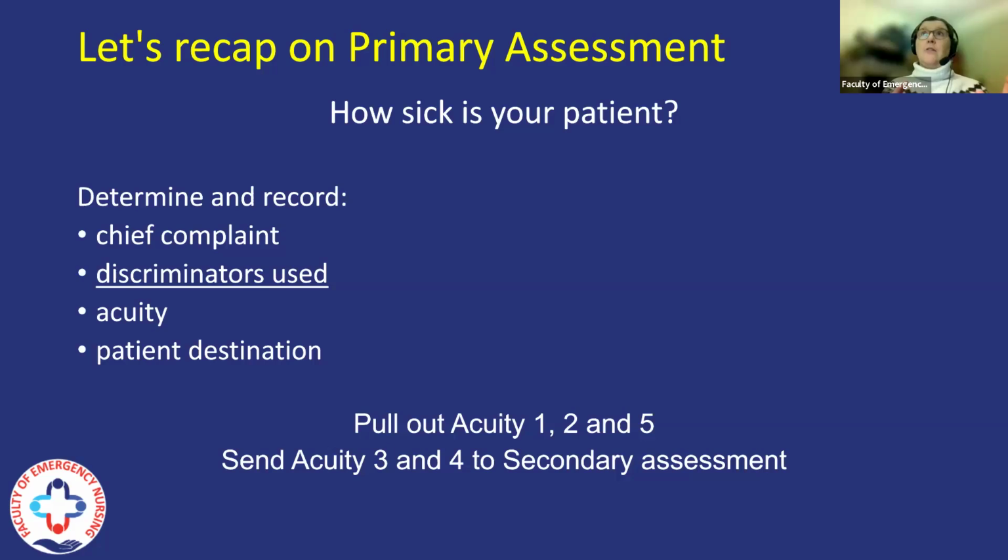So that might be acuity level 1, resus, acuity level 2, high dependency area of majors, acuity 3, waiting room, acuity 4, waiting room, acuity 5, UTC. So we just have to pull out the most sick and the lowest risk and send the rest for more measurements. It's all that's required.